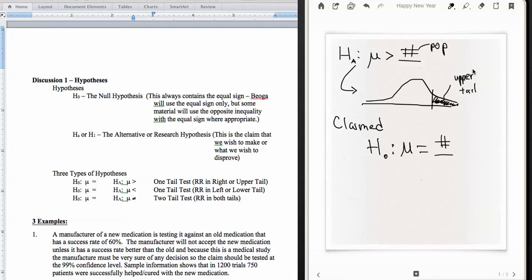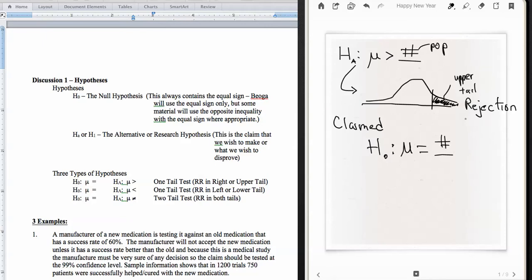So this upper tail that's told to us by the alternative hypothesis becomes what we call a rejection region or a critical region, based upon the fact that if our test statistic is in this region, or if the probability for our test statistic is smaller than the critical region's probability, then we will reject the null, reject this distribution in favor of our new distribution.